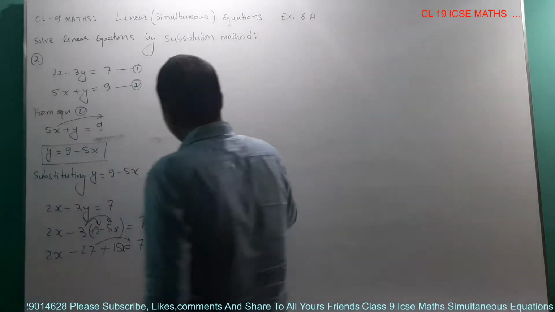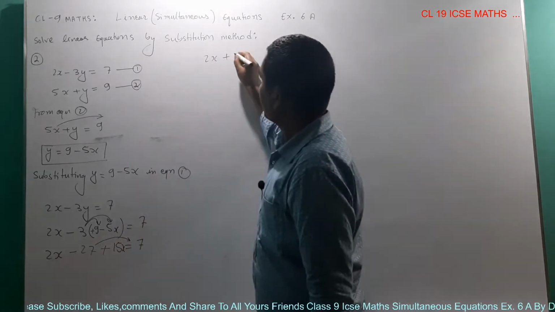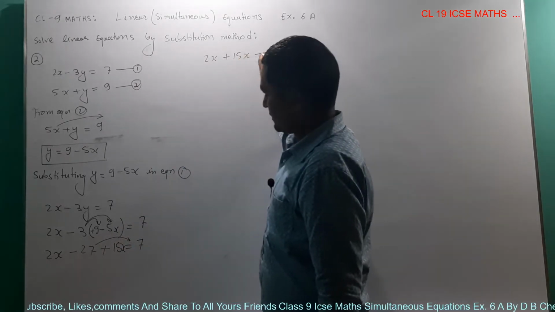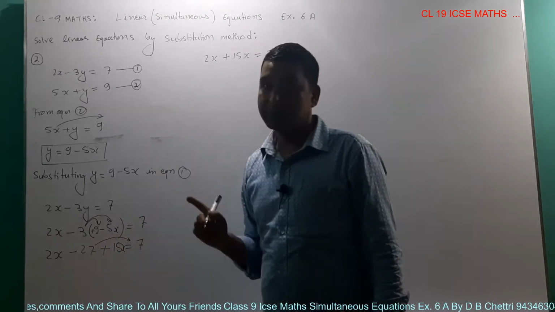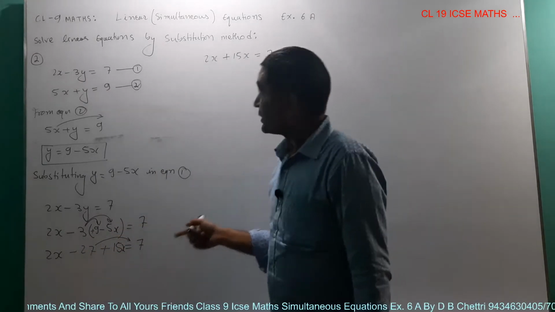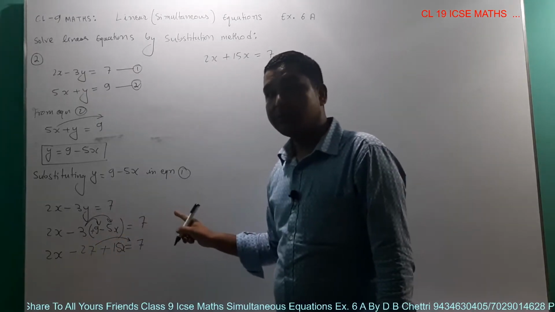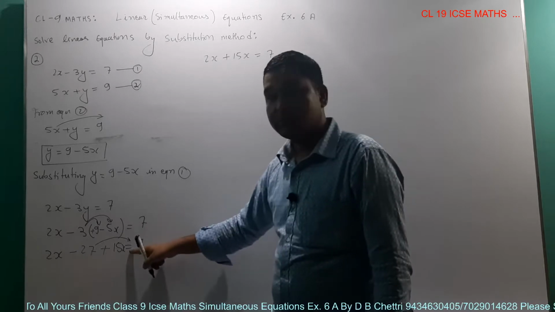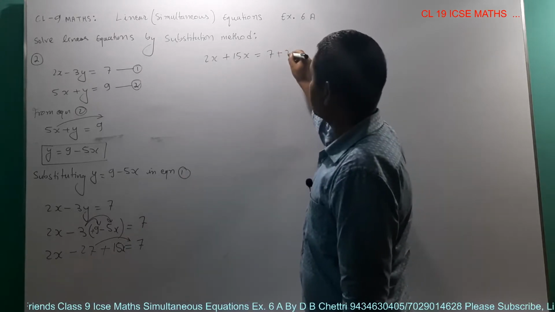Now what is there? 2x plus 15x equals 7. When a number goes to the other side, the sign changes. What sign is there? Minus sign. When it goes to the other side of the equal to, the sign changes to plus, so plus 27.